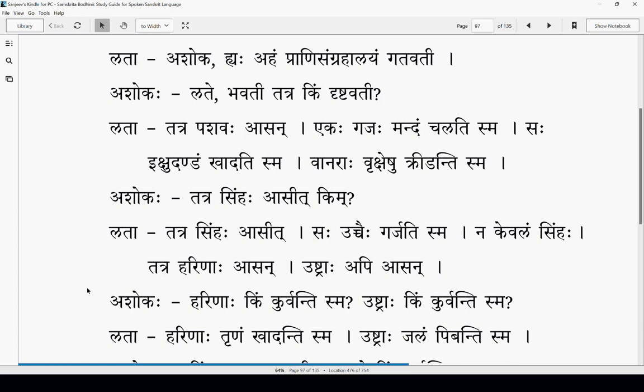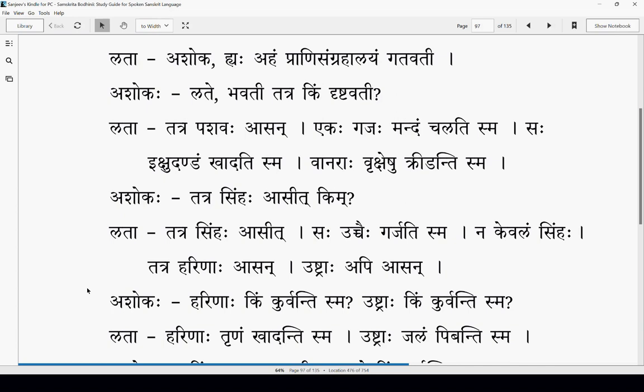So Chalitavan Gajaha. We just use it as a Visheshana. Chalitavan Gajaha, the elephant who has walked. It means the elephant has walked.